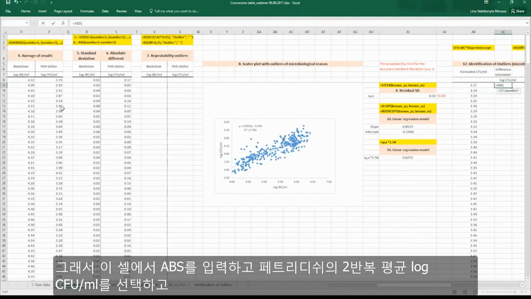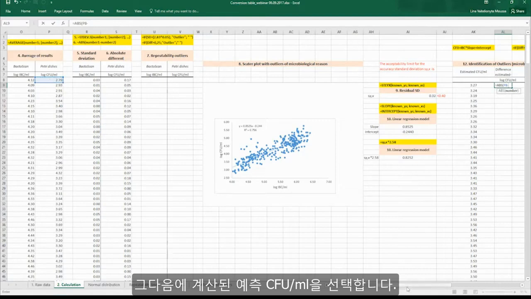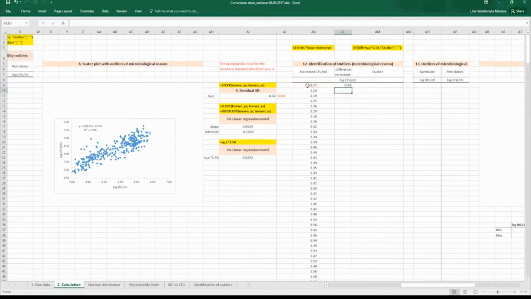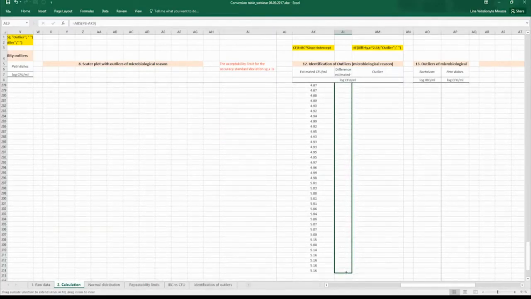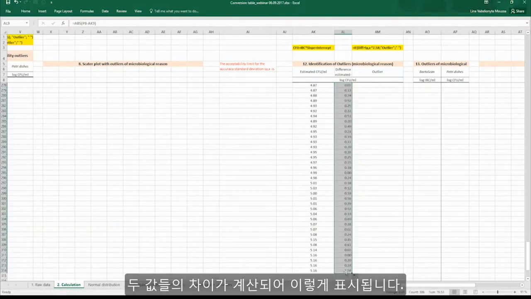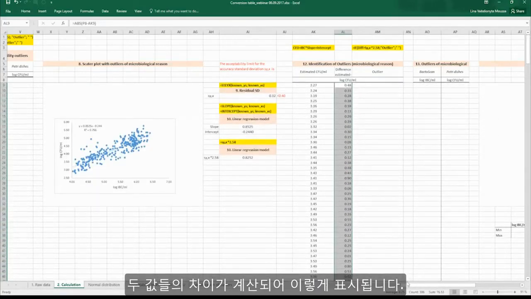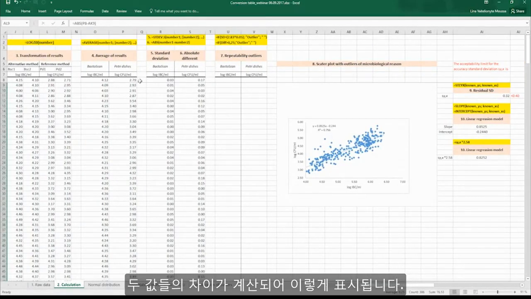So we are selecting the average result from Petri dishes minus estimated CFU. Marking the cell and dragging it down. Now we calculated the difference between estimated and calculated CFU. Calculated CFU is the average results from Petri dishes.